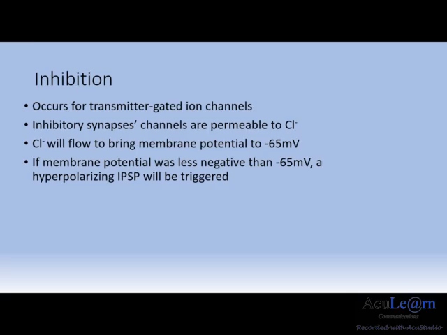The flow of the chloride ions acts to bring the membrane potential closer to minus 65 millivolts, which is the equilibrium potential of chloride. If the membrane potential was less negative than minus 65 millivolts, hyperpolarization would be triggered.